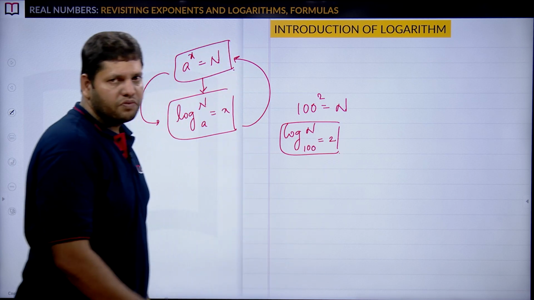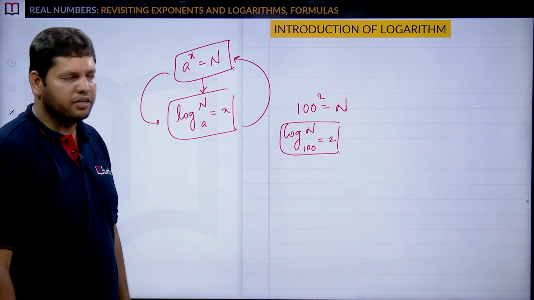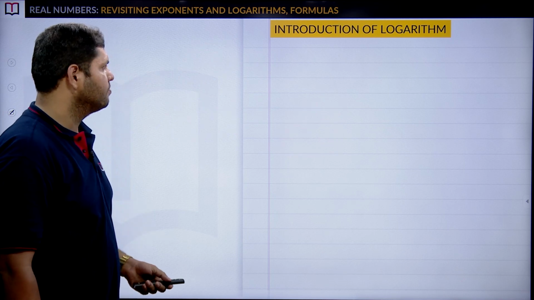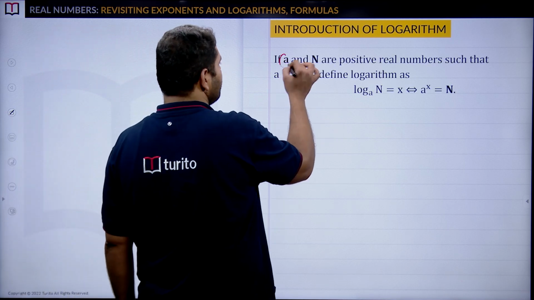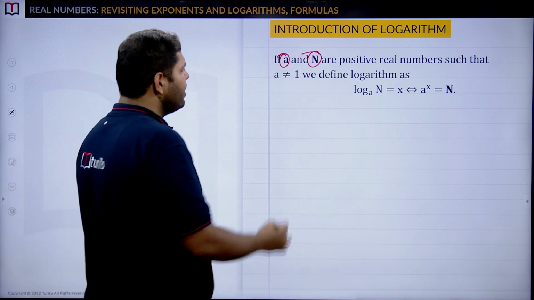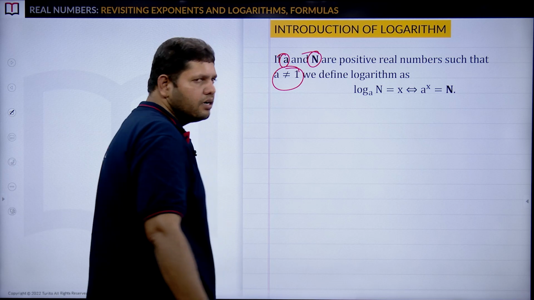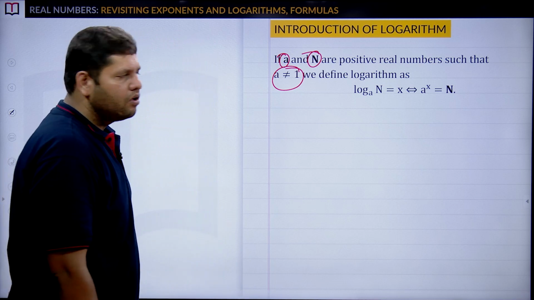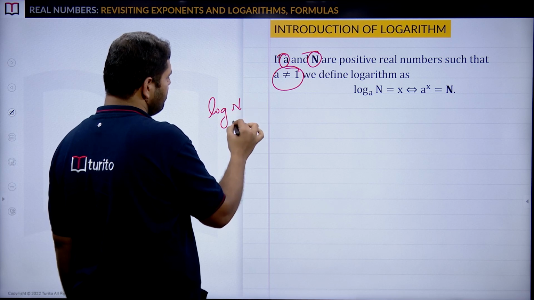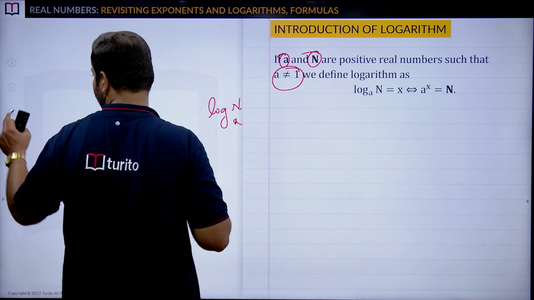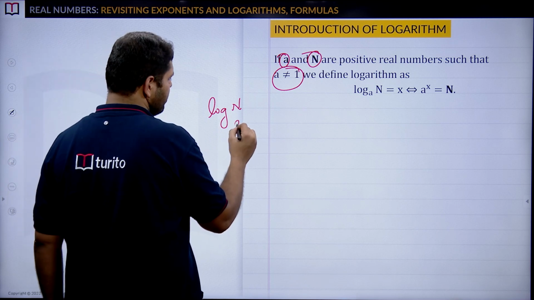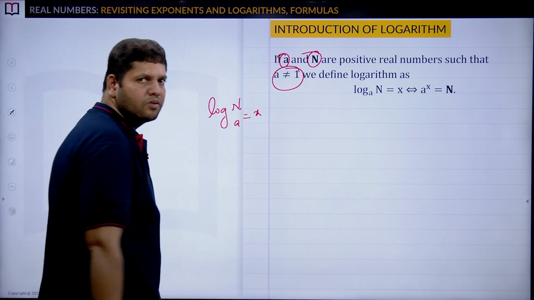Children, this representation we call the logarithm form. Okay. Children, let us see one definition. If a and n are both positive real numbers, and if a is not equal to 1, then how can we write the logarithm form? We can write log of n with base a is equal to x.